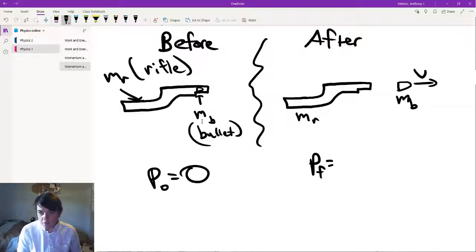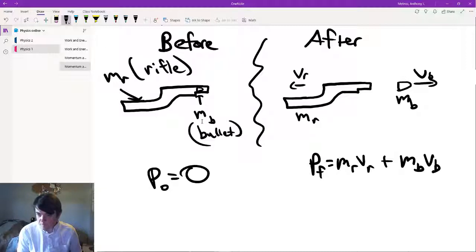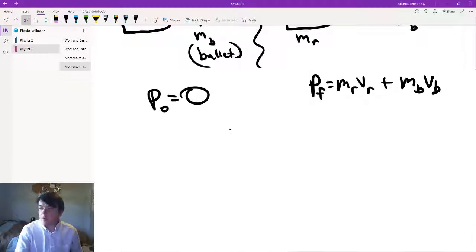It will be composed of the mass of the rifle, and the rifle's going to recoil with VR. So we're going to call this MR VR plus MB VB, as the bullet moves forward.